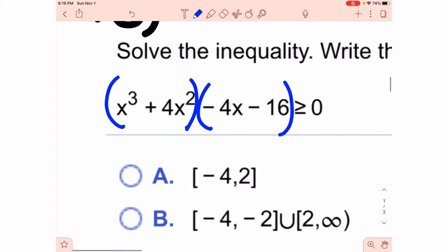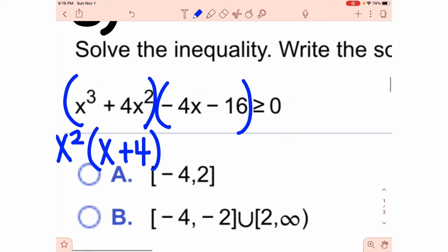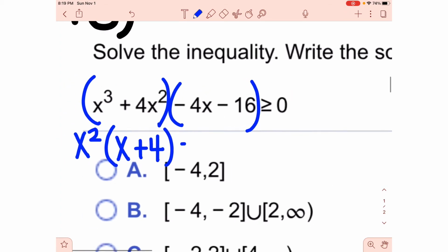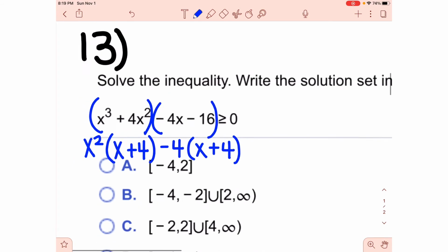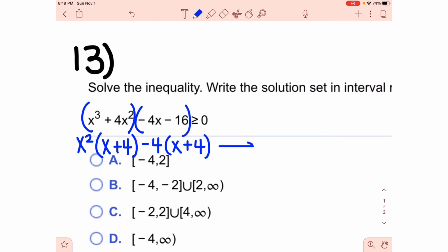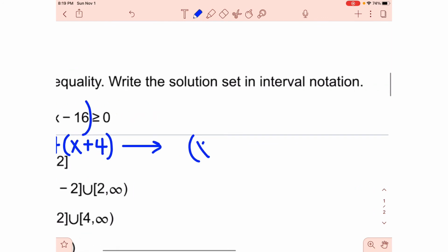So if I group the first 2 together, I can pull out an x squared, and I'm left with x plus 4. With the second 2, if I pull out a -4, I'm left with x plus 4, which means this factors to x squared minus 4 times x plus 4.